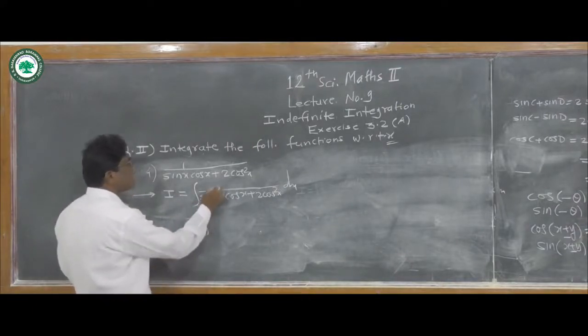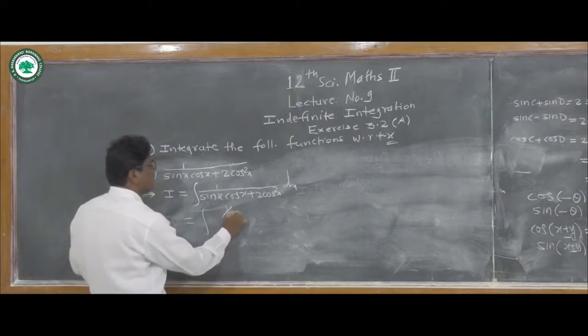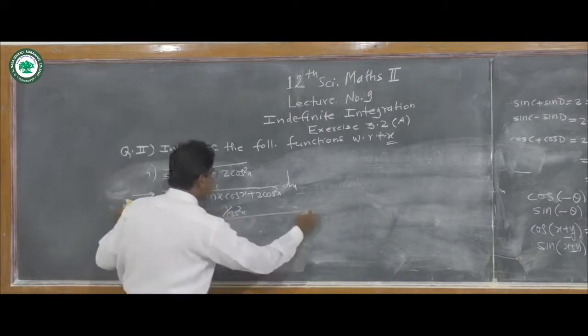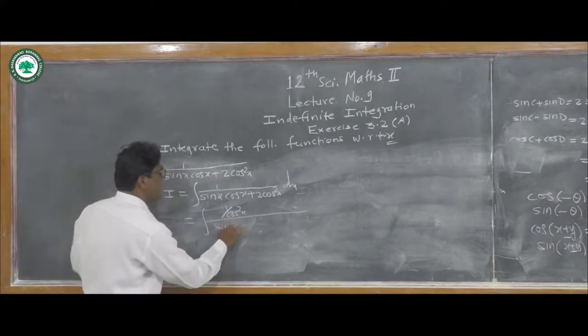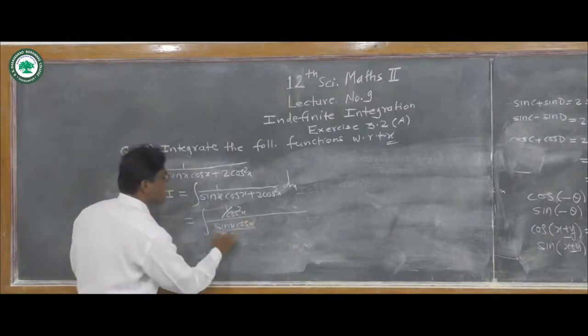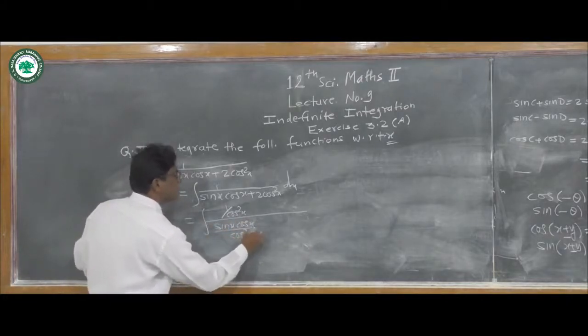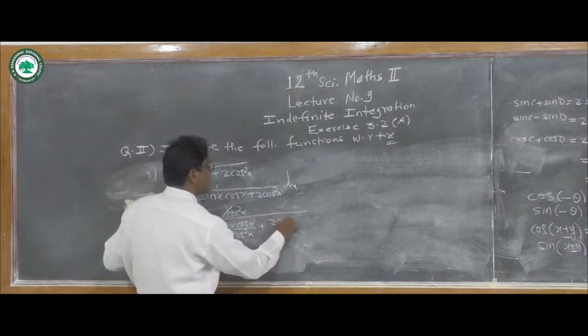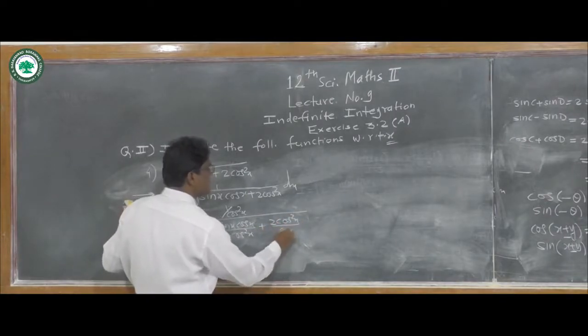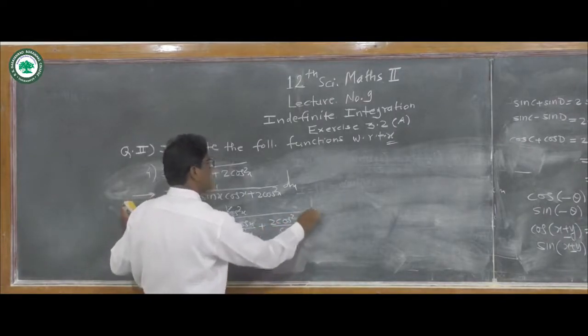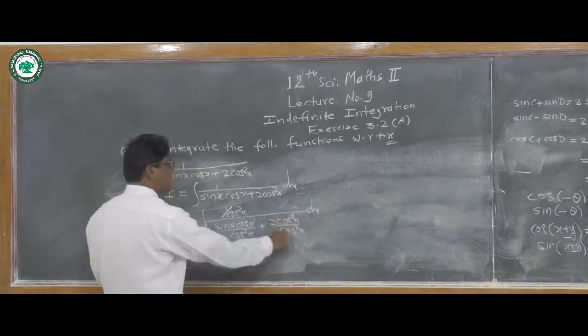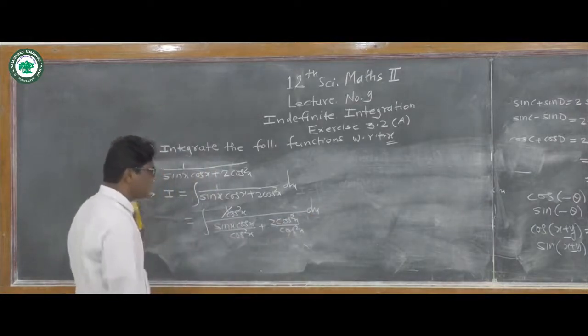So we get here 1 upon cos square x divided by sin x cos x upon cos square x plus 2 times cos square x upon cos square x, dx. Now see here, this cos square x and cos square x get cancelled to each other.